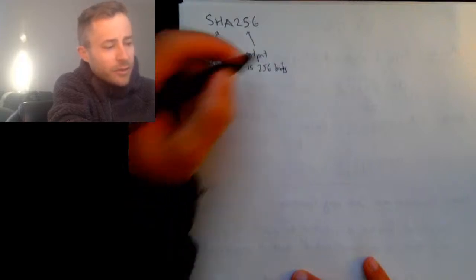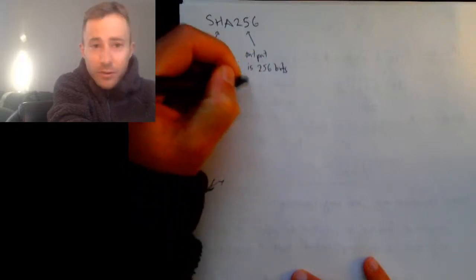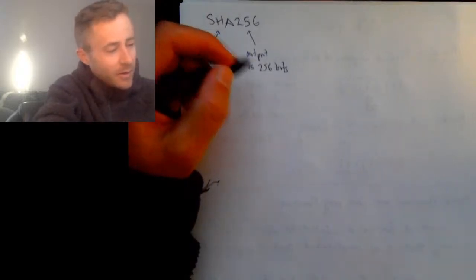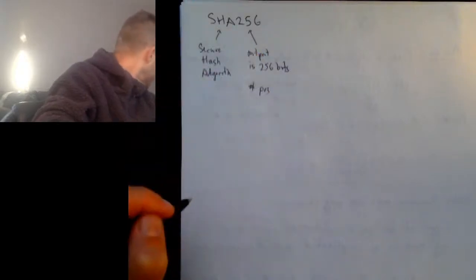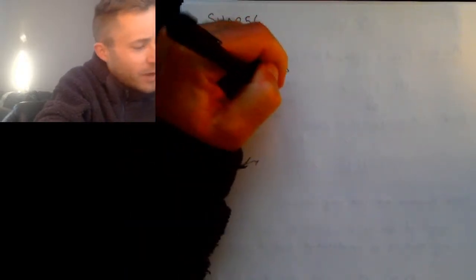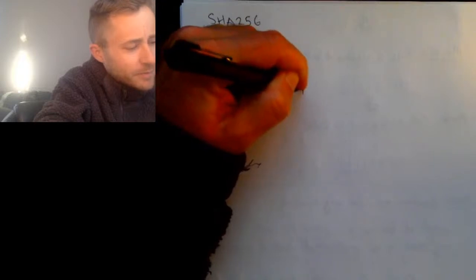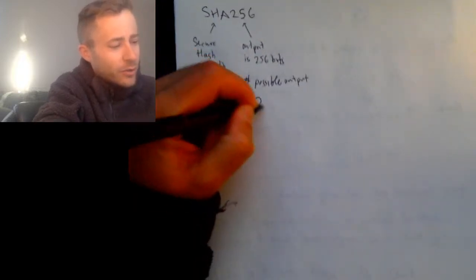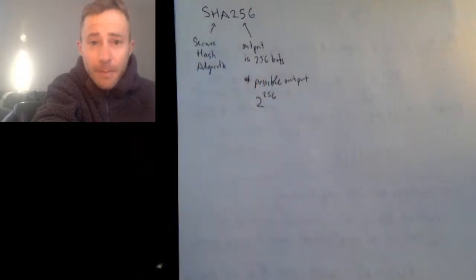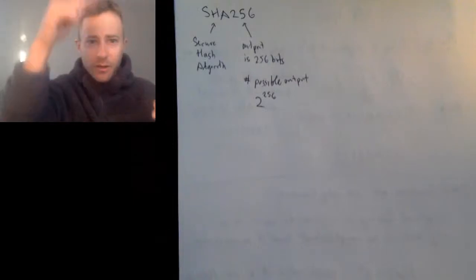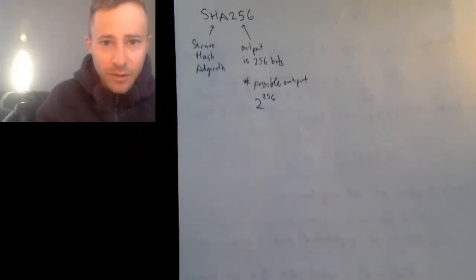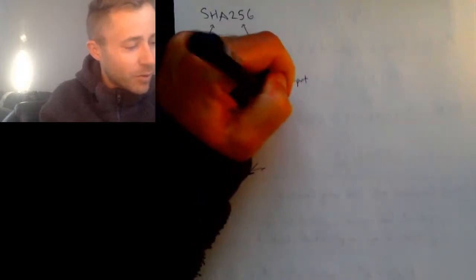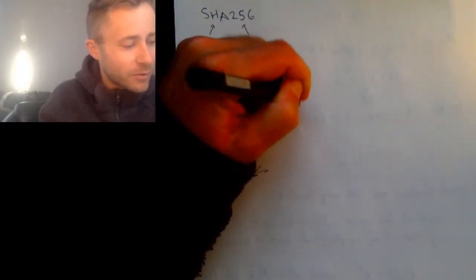So basically, the number of possible outputs of this function is 2 to the 256. All right, because each bit could be 0 or 1. So the number of possible outputs would be 2 to the 256, which is approximately equal to the number of atoms in the visible universe.